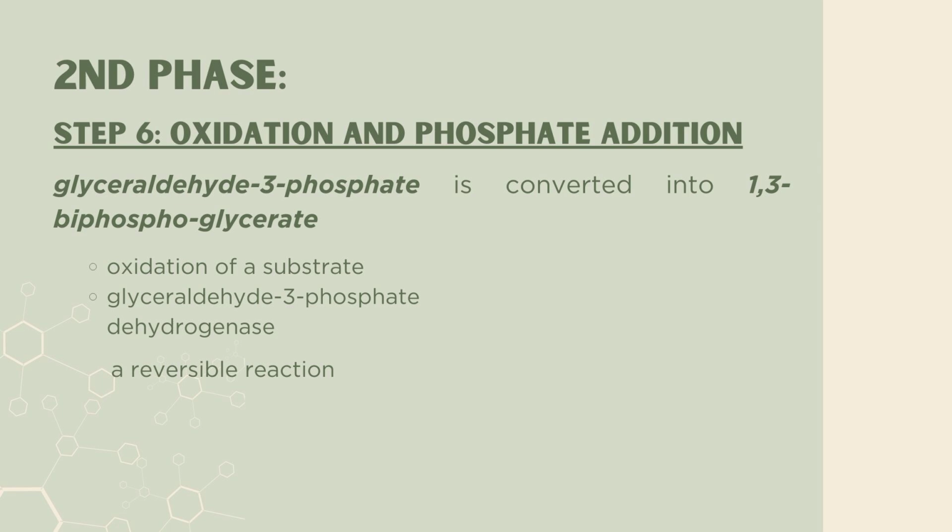Take note that everything is multiplied by 2 as there are 2 molecules of glyceraldehyde 3-phosphate that enter the phase, meaning 2 NAD plus are reduced to 2 NADH.